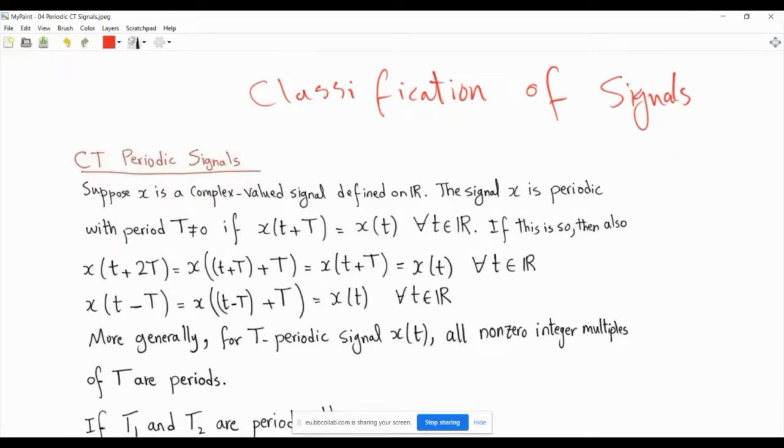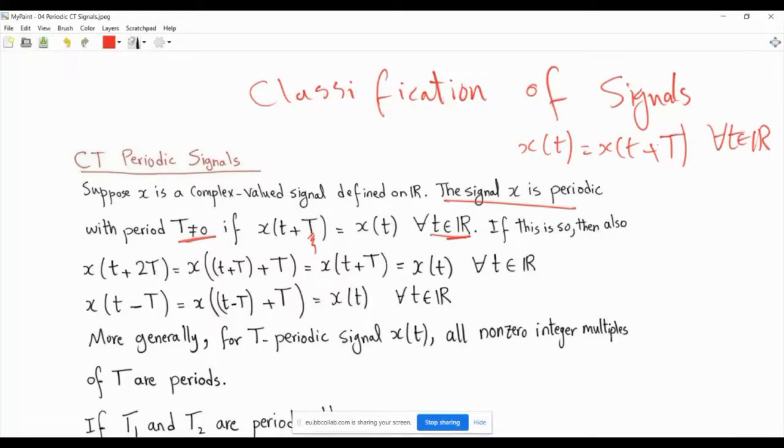So let's remind ourselves of the definition of a signal being periodic. A signal is periodic if you can find a big T that is not zero, such that for every small t that is real, x of t plus big T is equal to x of t. So x of t should be equal to x of t plus big T for every real t.